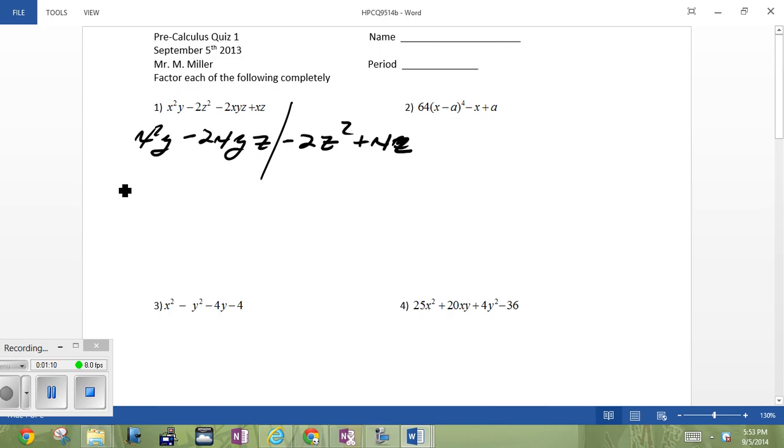In the first two, I've got an xy coming out, and that's going to come out as x minus 2z. In the second two, I want to pull out a negative z, and that's going to be a 2z minus x.